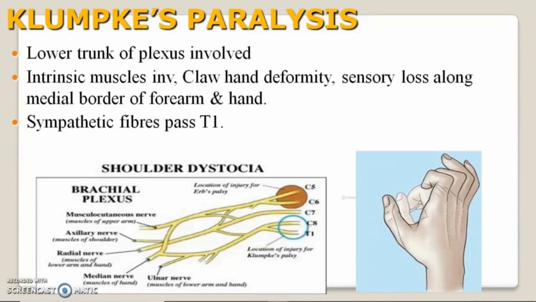So because sympathetic fibers are passing through T1, which is a part of lower trunk, this is going to have a condition called Horner's syndrome. So Klumpke's paralysis will be giving a major condition called Horner's syndrome.